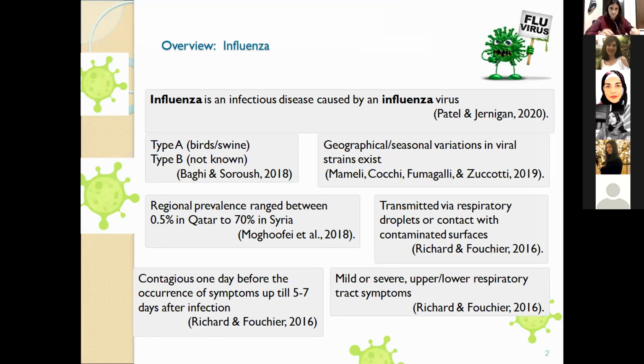We have two types of vaccines: the pandemic influenza vaccine and the seasonal influenza vaccine. The prevalence of influenza ranges across the region. In the Middle East, it ranges between 0.5% up to 70%. It's a respiratory infection. It's contagious 1 day before, up to 5 to 7 days after symptoms. It might lead to severe complications and admission to the hospital.